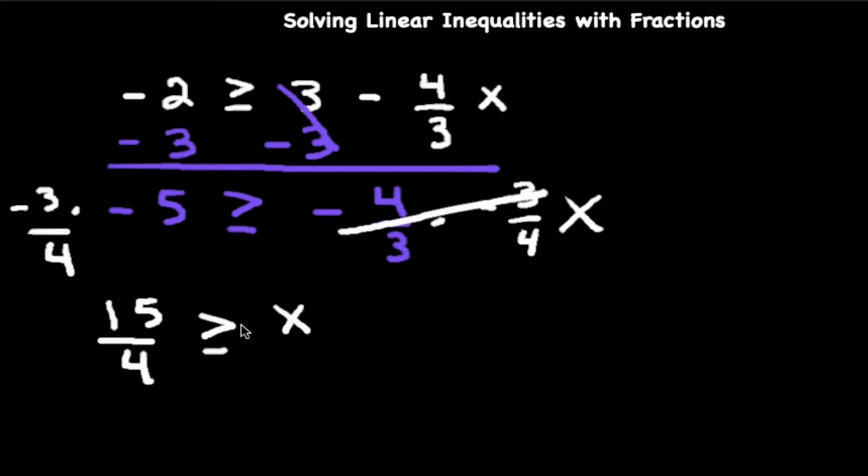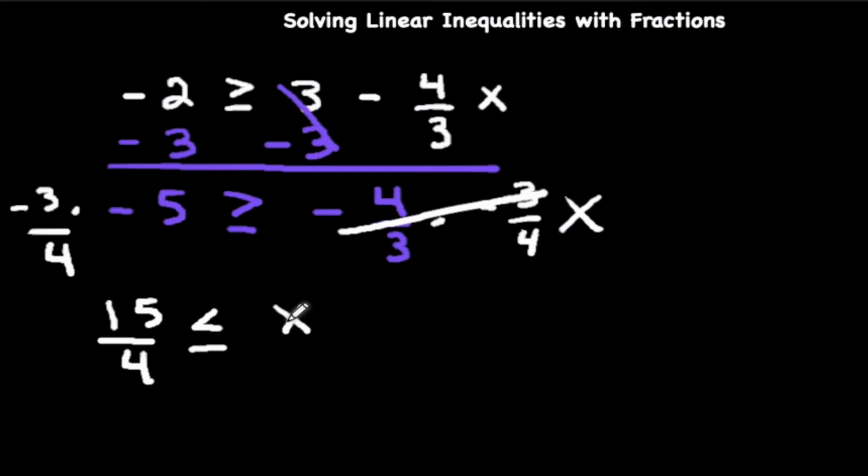And look, I caught my own mistake. Remember, we multiplied by a negative number, so we need to switch the direction of the inequality symbol. So it's always good to check your work when you're working these out, okay? And 15 divided by 4, if you want to write this as a mixed number, is 3 3/4.